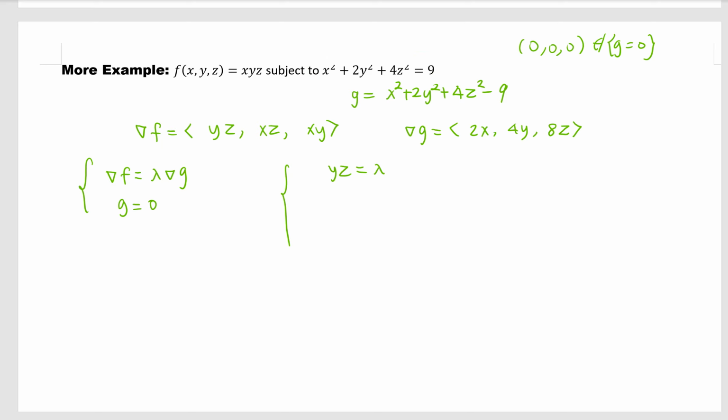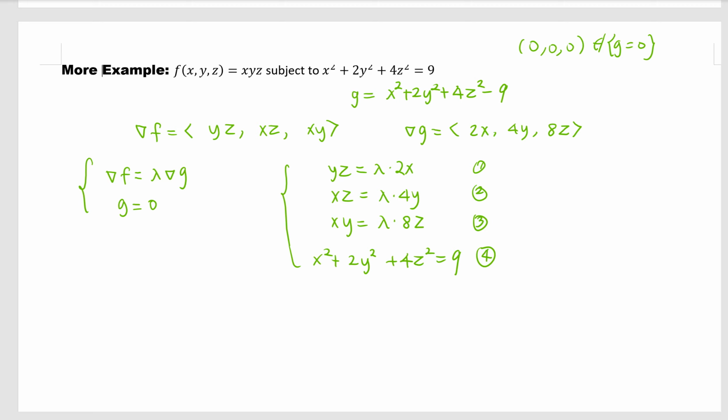yz equals lambda times 2x, xz equals lambda times 4y, and xy equals lambda times 8z. At the end, x squared plus 2y squared plus 4z squared equals 9. Okay, how do we solve this system of equations?